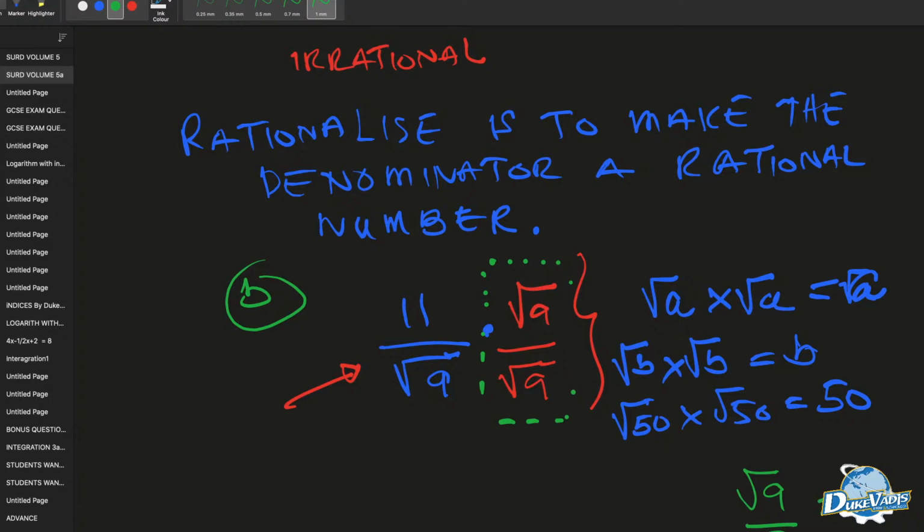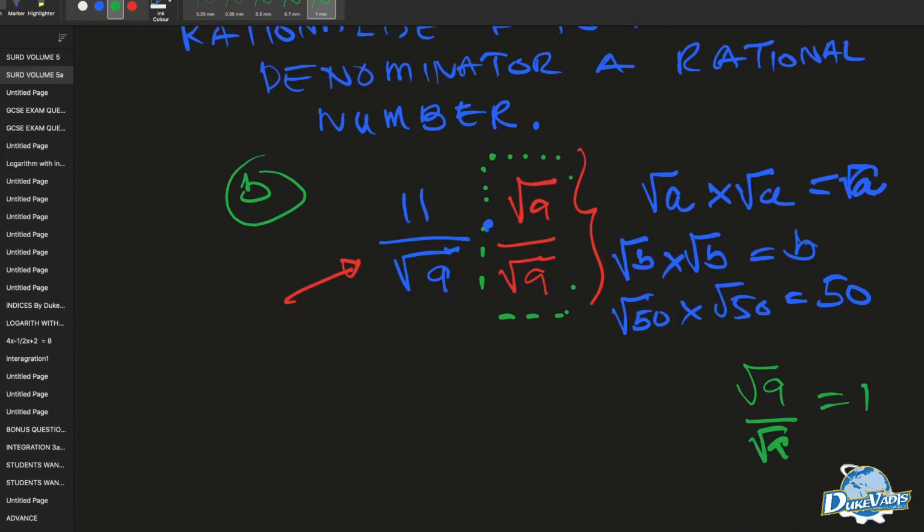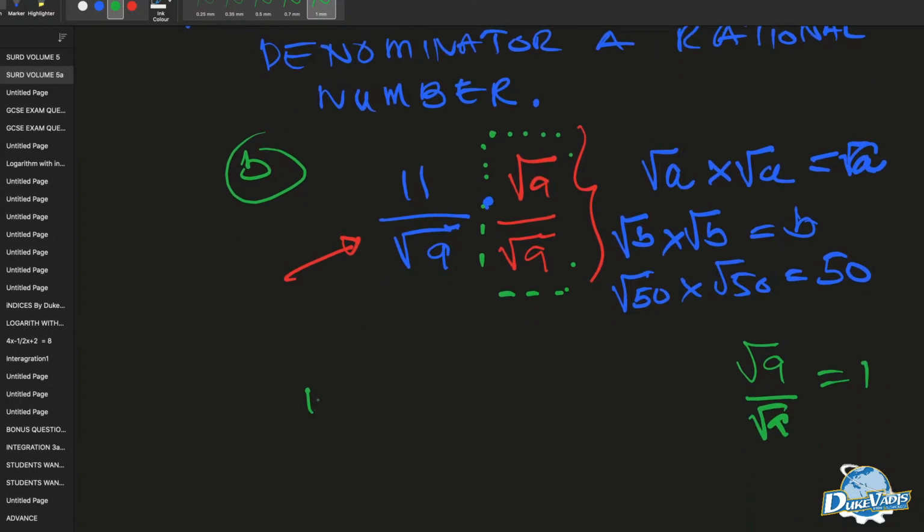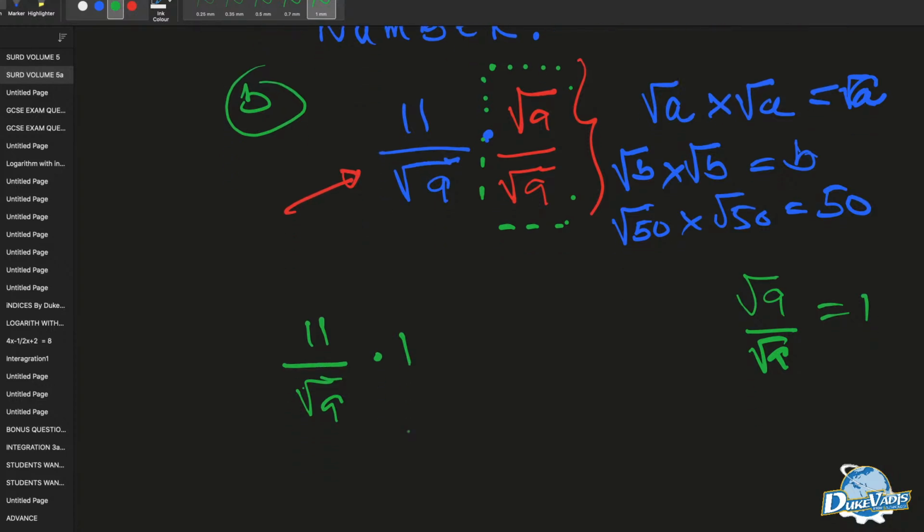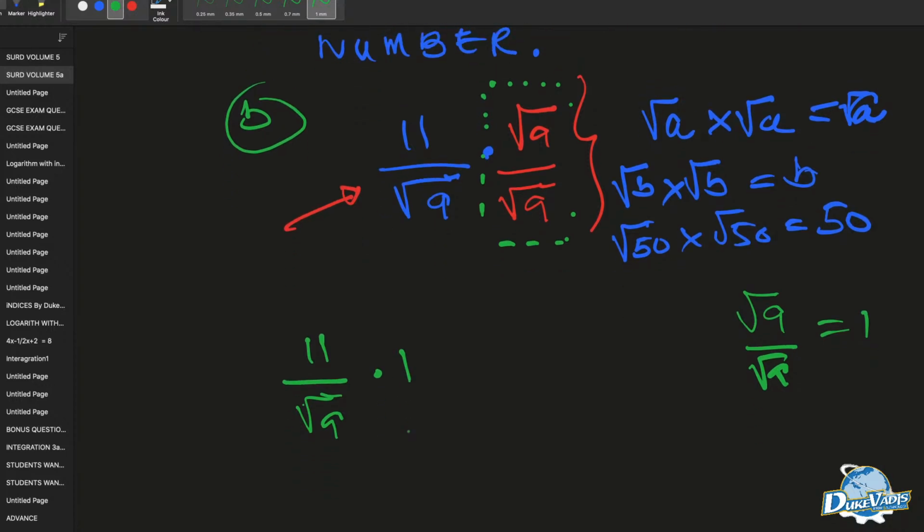When you divide surd 9 by surd 9, it's 1. So it seems like I have 11 over surd 9 multiplying by 1, which means I haven't changed anything.